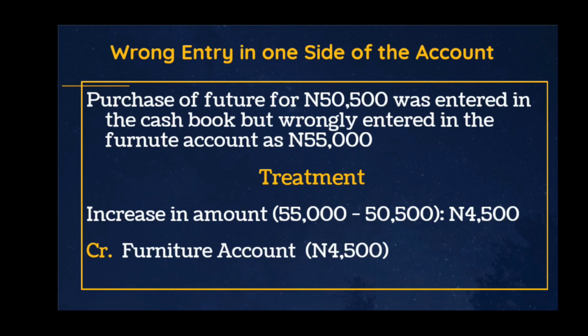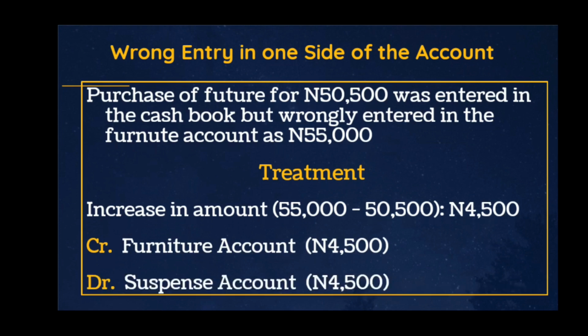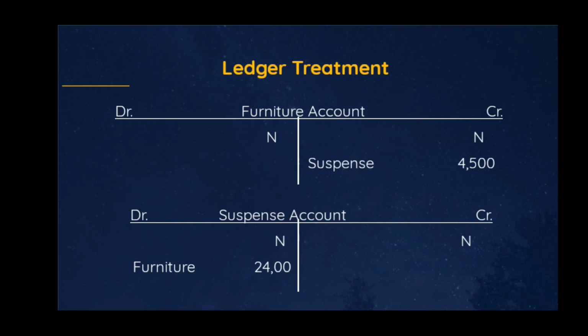That is, we debit suspense account with 4,500 naira. So let's look at the ledger treatment. We have furniture account, then the suspense account. The furniture account will be credited with 4,500 naira, while the suspense account will be debited with 4,500 naira. That is the treatment for that transaction.